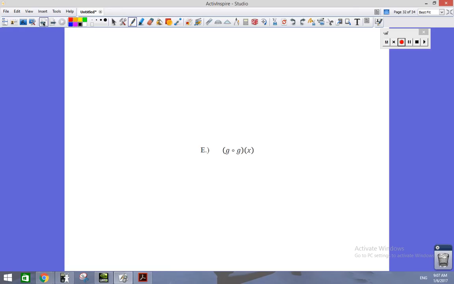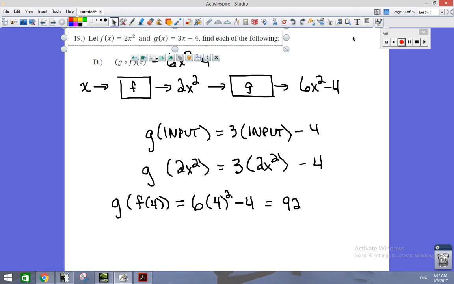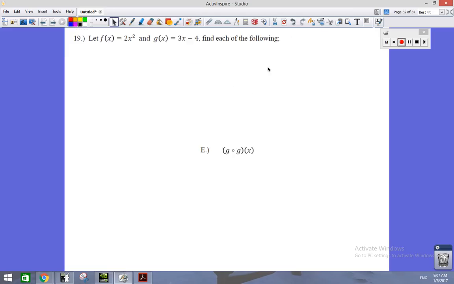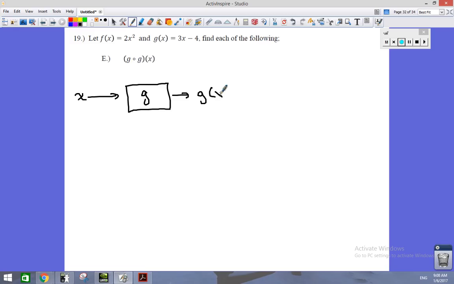Now, is there another part of this? Yeah, there is. This time, with our assembly line idea, we just have the same function twice. This is asking us to come up with the formula for g composed with itself. So we've got this function g, and we're going to input x, and the output is g of x.